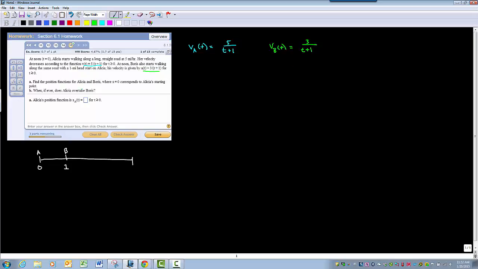Now, what you need to find in order to answer these questions is their position functions. So Alicia's position as a function of time is equal to Alicia's initial position plus the integral of her velocity function.